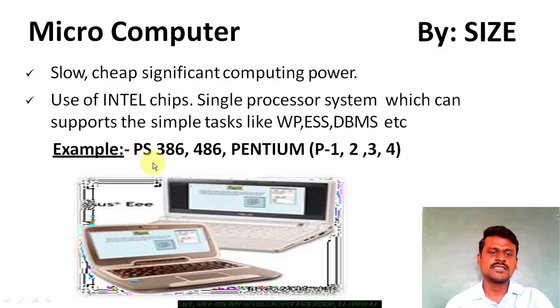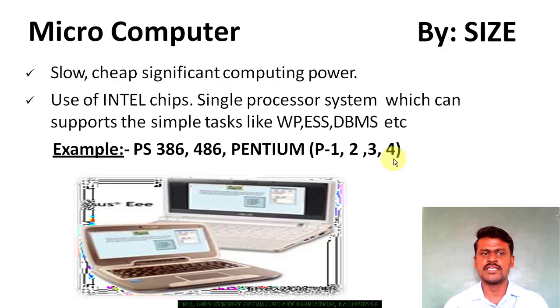Examples are PS386 or PS486, or you can take the Pentium P1 to 4 variants: Pentium 1, Pentium 2, Pentium 3 and Pentium 4. You can take any of these as an example for microcomputers.